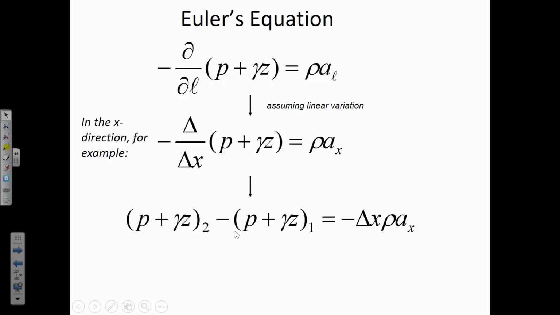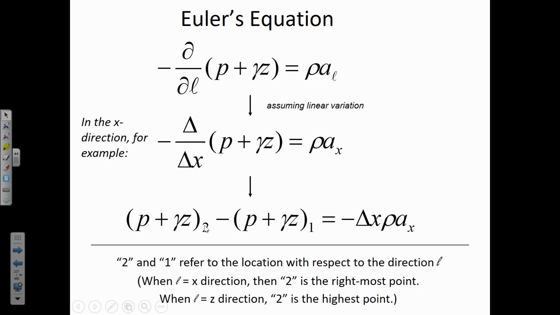Now here, 1 and 2 are indicating 2 points. And it's very important that you understand the convention that's built into the equation here on what we mean by 2 and what we mean by 1. Specifically, if we're acting in some certain direction L, then 2 is the location with the most L, the most in that direction. So in the case of x, it would be furthest to the right.